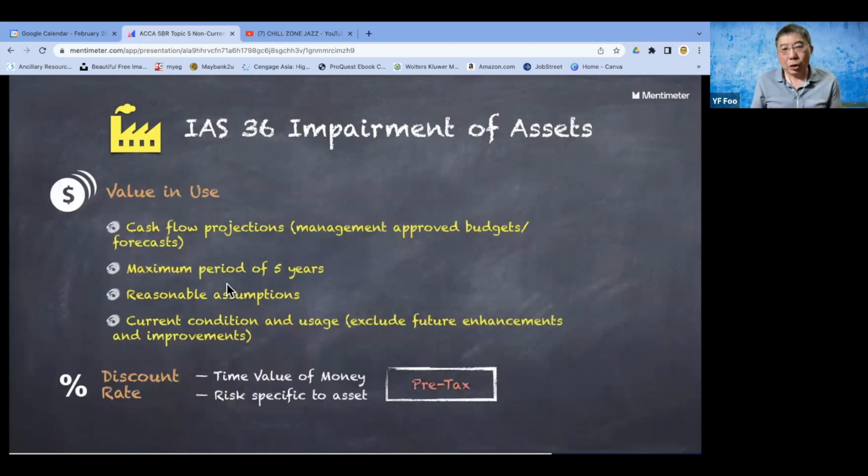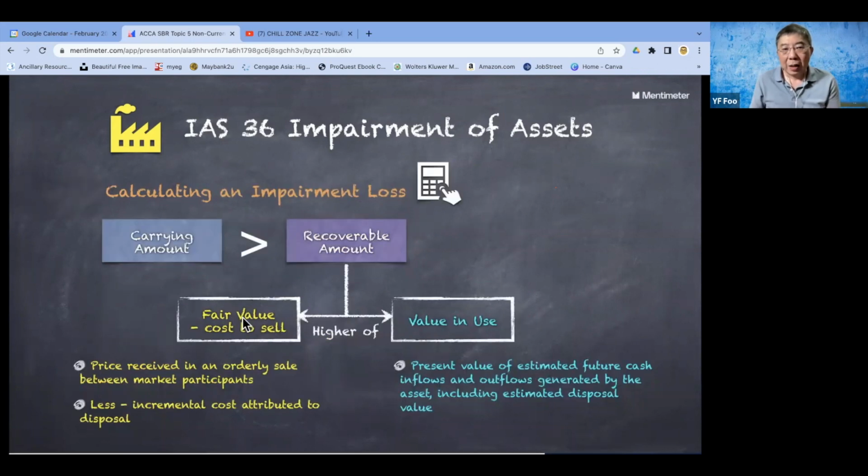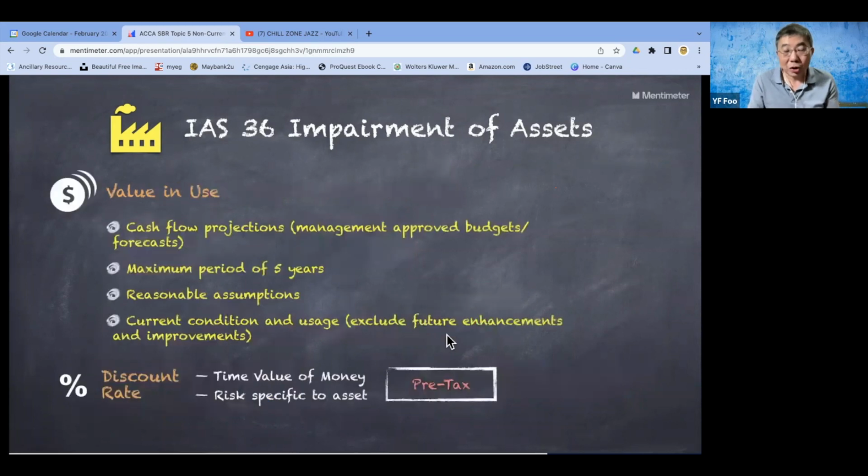A little bit more on value in use, because the value in use is the most subjective calculation between the fair value less cost to sell and value in use. The value in use is the one that is most subjective, and this is one that causes a lot of measurement problems or measurement challenges. Why? Because they are projections.